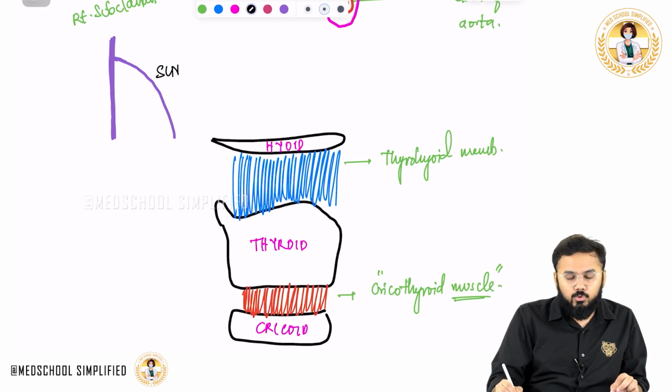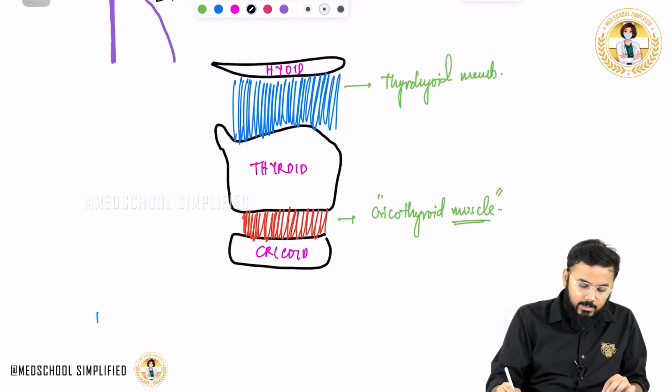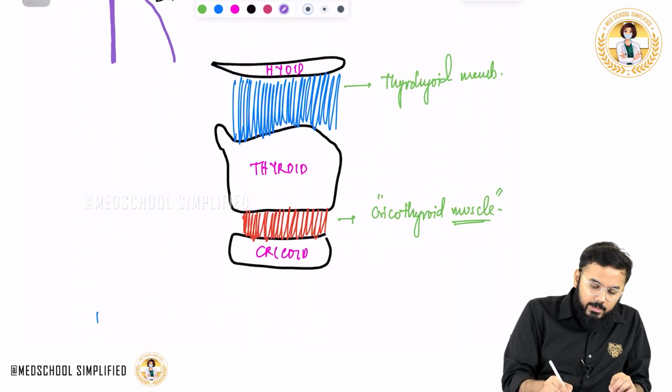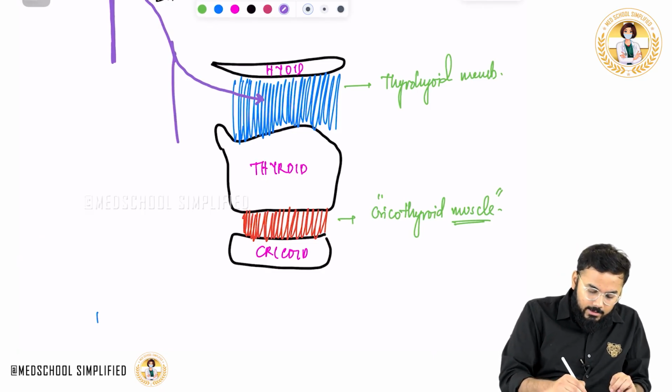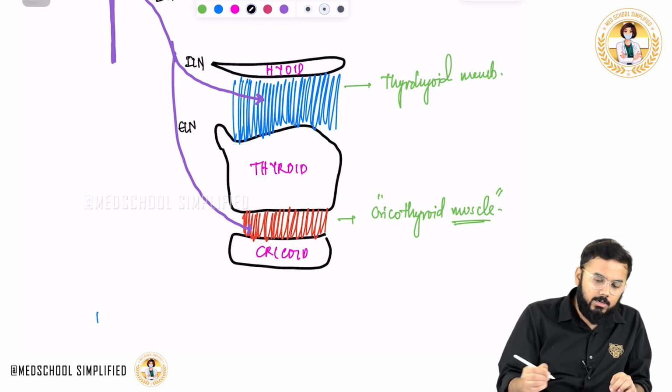What did I tell you? Superior laryngeal nerve will divide into both the external laryngeal nerve as well as the internal laryngeal nerve. So it is dividing into two. One is your internal laryngeal nerve, and another one is your external laryngeal nerve.